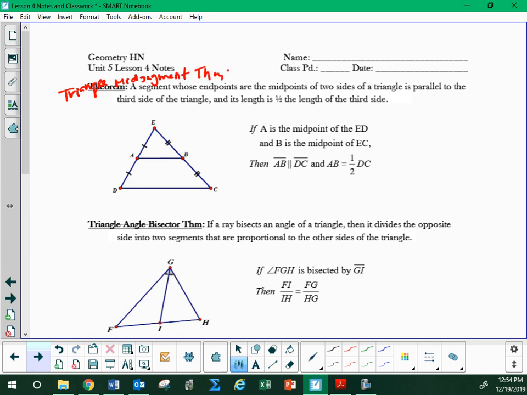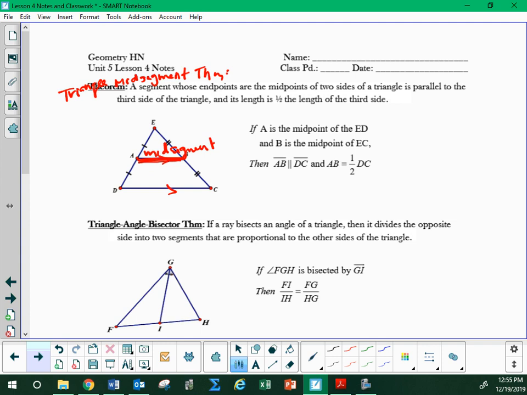And again, we've already learned this from a previous unit. This simply says that when we have the mid-segment, which is this line that connects the midpoints, the theorem tells us two things. One, it is parallel to that third side, and two, it is half the length of that third side.